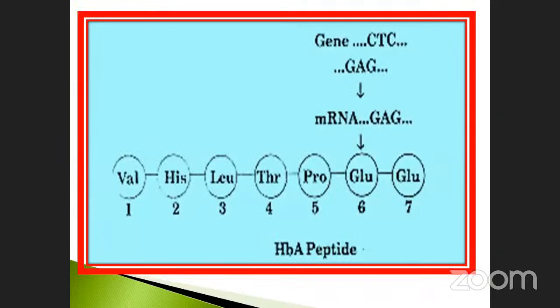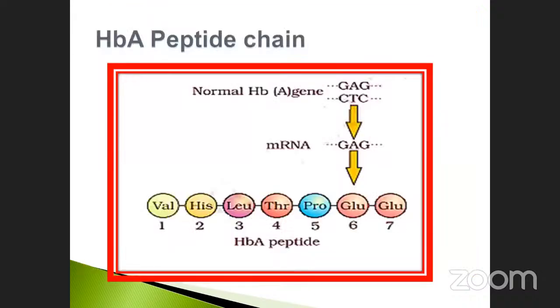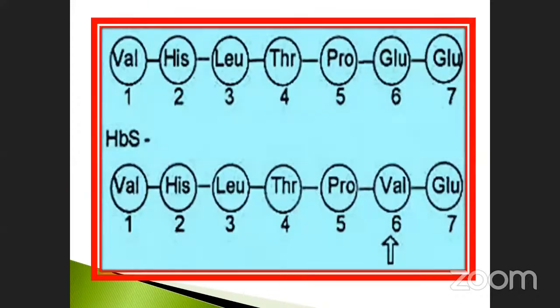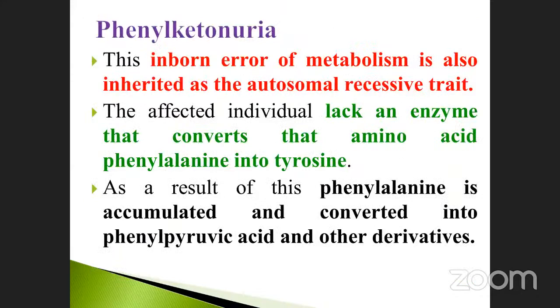What are the changes which occur? Which position is changed here? The 7th chromosome, just note it down. Here the 6th position will have the amino acid replaced. That is also very, very important. And the last one we already studied.